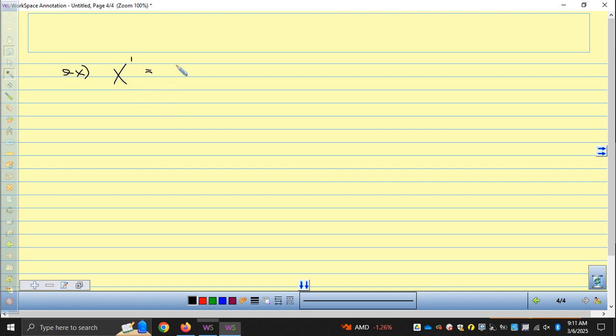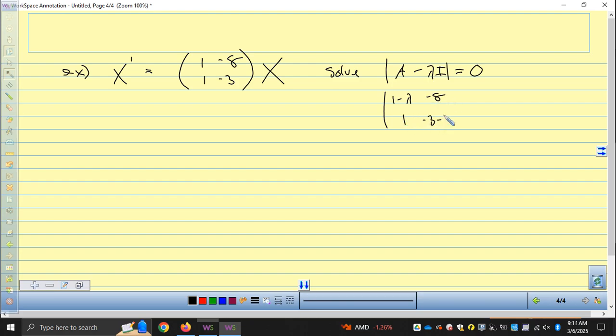Just like if you're past the real line, example number 2. So here's our system for this example. So we want to solve, our first step always, solve determinant of A minus lambda I equals 0. So we get 1 minus lambda, negative 8, 1, negative 3 minus lambda.